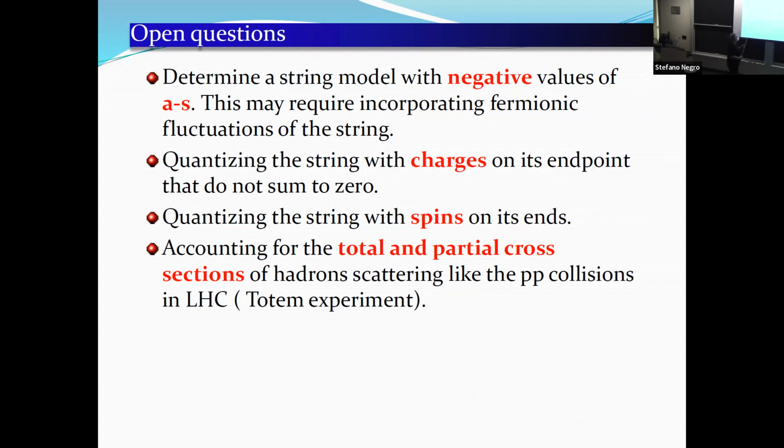But we need it also for the case that the masses at the endpoints are the same. Maybe we will need fermionic fluctuations, but that's not very bizarre in the holographic context, but it is bizarre if you want to relate it to QCD. So this is a big question.